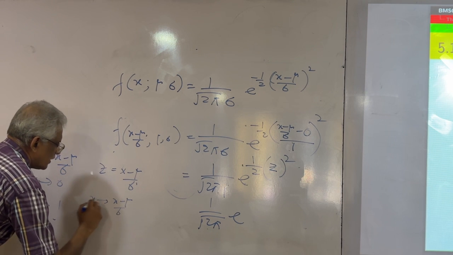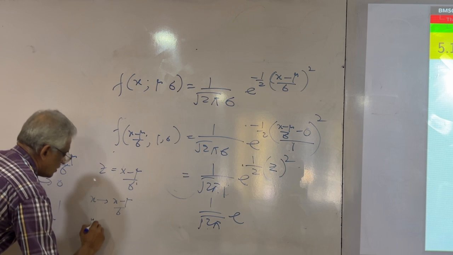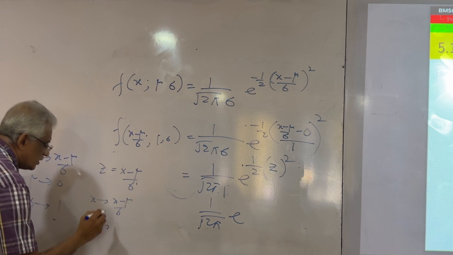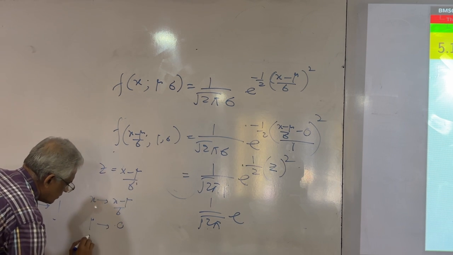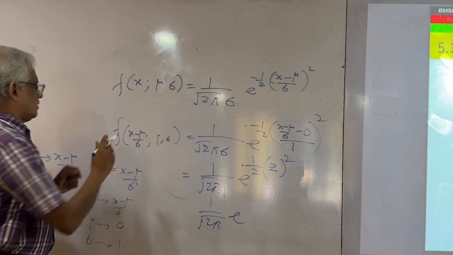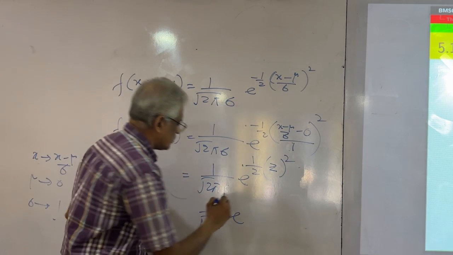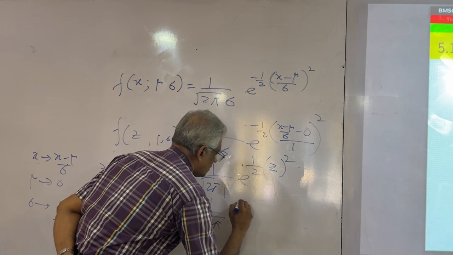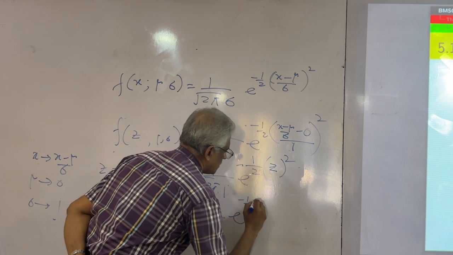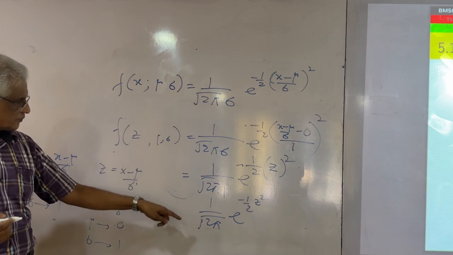Right? So x becomes x minus mu over sigma. Mu, when you convert into Z, becomes 0 and sigma becomes 1. So you can write down Z if you want. So that is the formula for the standard normal.